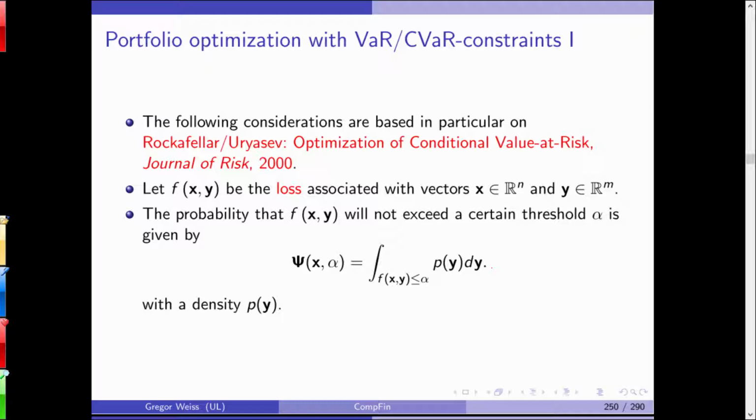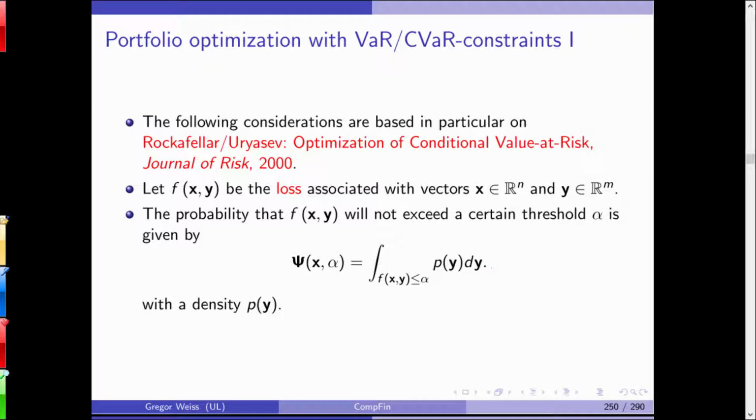Now, here we are dealing with optimization of the conditional value at risk, and we start by taking a function f of x and y being the loss associated with two vectors x and y, being elements of the n-dimensional real space. We'll later on see that x and y are actually a portfolio weight vector and a vector of P&Ls, of profits and losses.